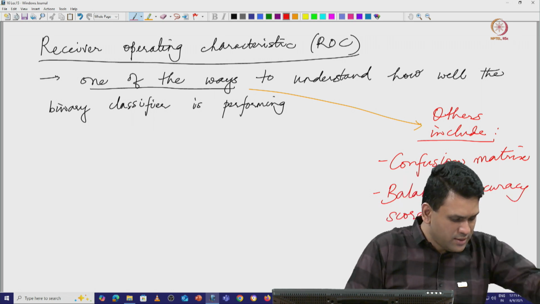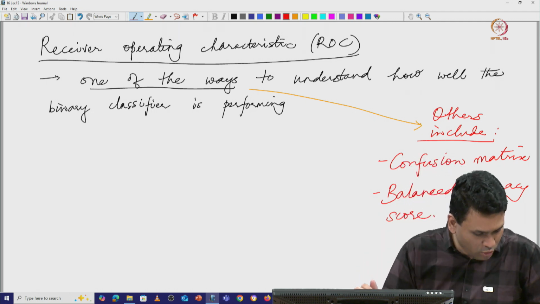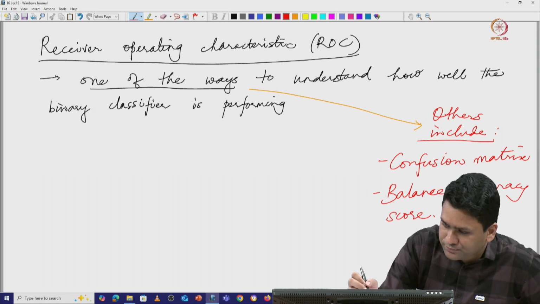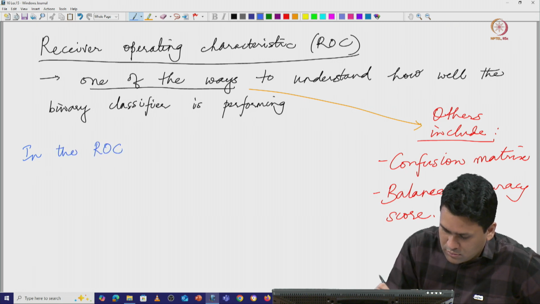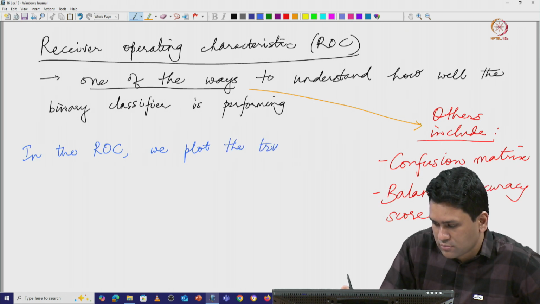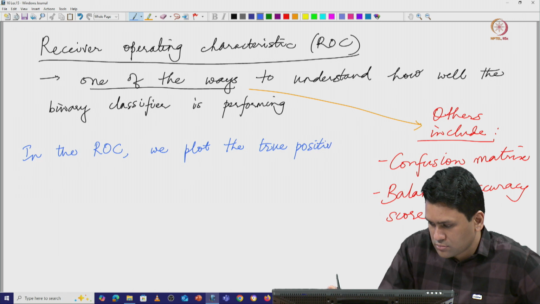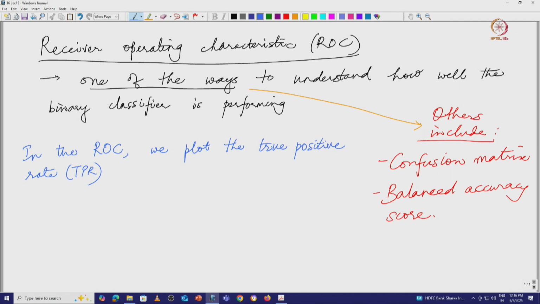Okay. So the receiver operating characteristic ROC is a plot in which you plot the true positive rate, TPR, versus the false positive rate, FPR. Okay.